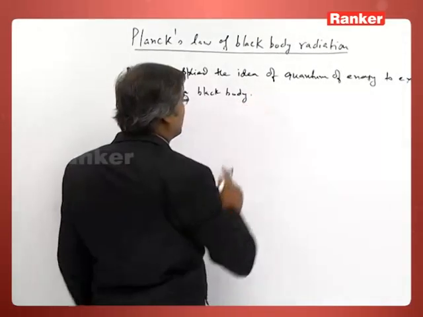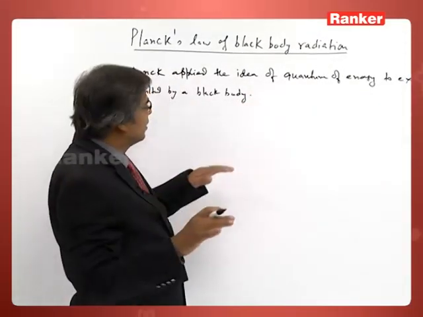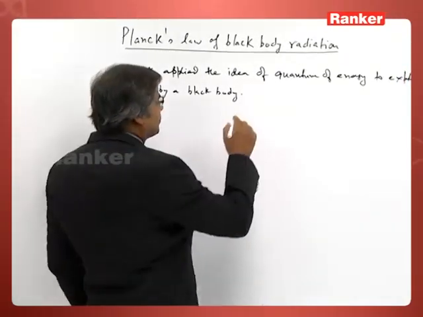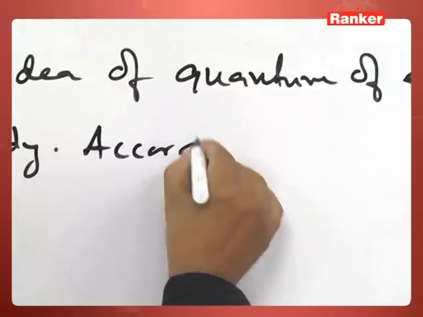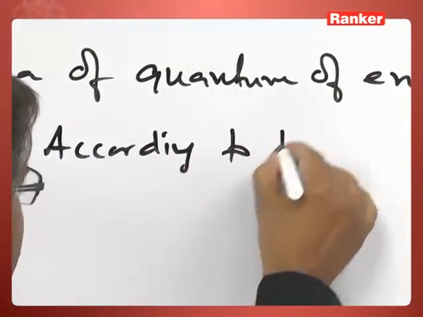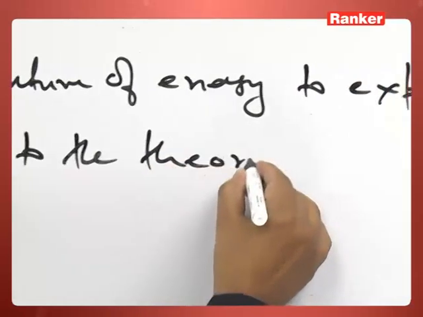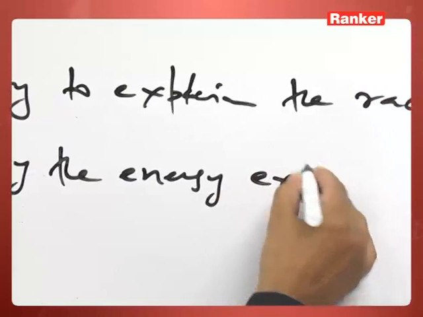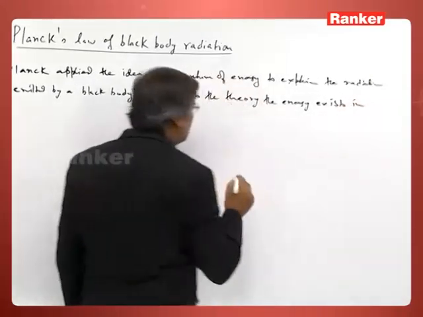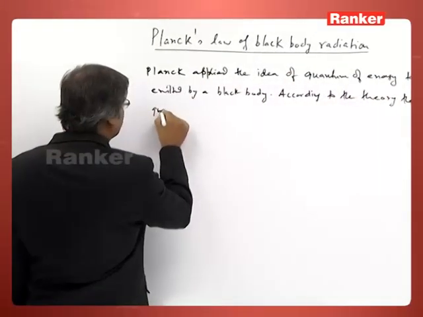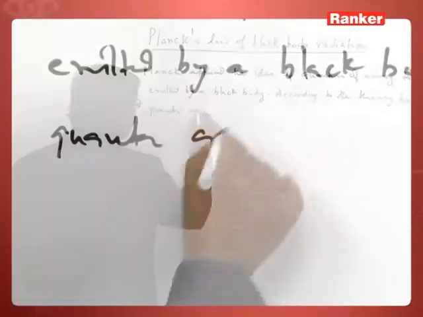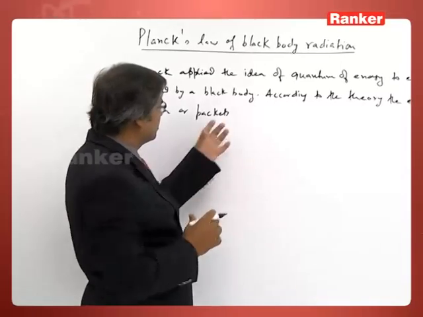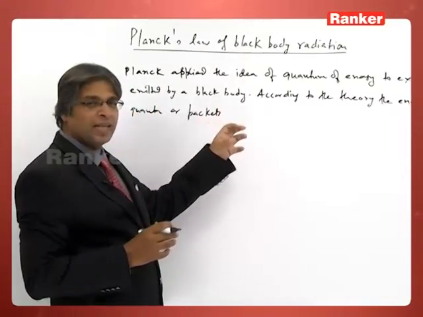So, the previous workers used the energy to be homogeneous, continuous. According to the theory, the energy exists in quanta or packets, which was later used by Einstein as photons.